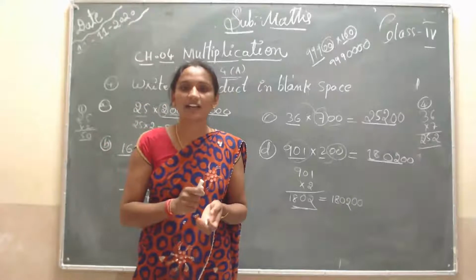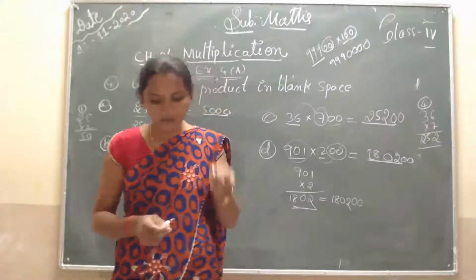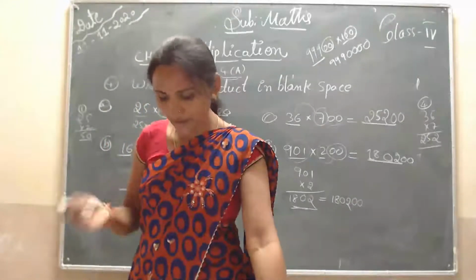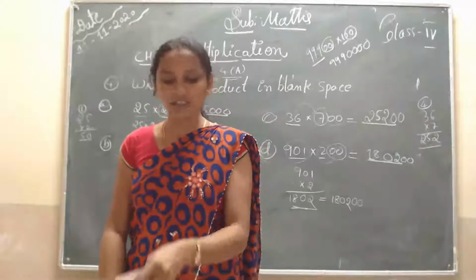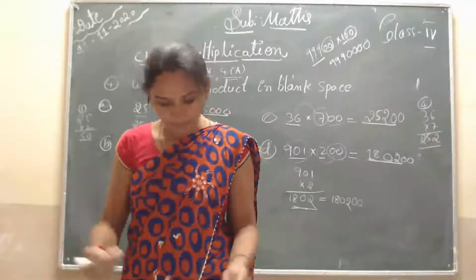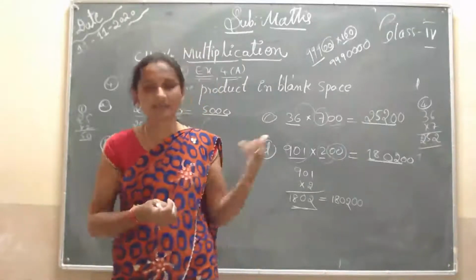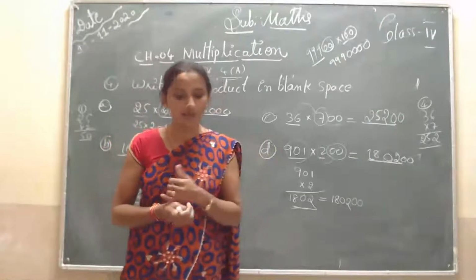In this, E and F, I will give as homework. So next, students, find the product in the same method. This also uses the same method, because I have already explained this. That is the same.